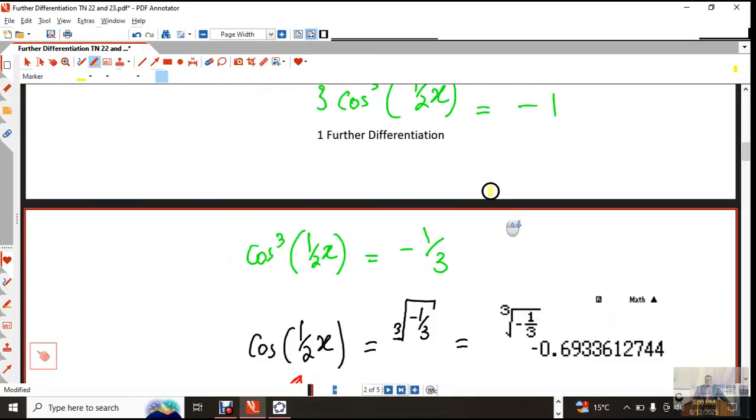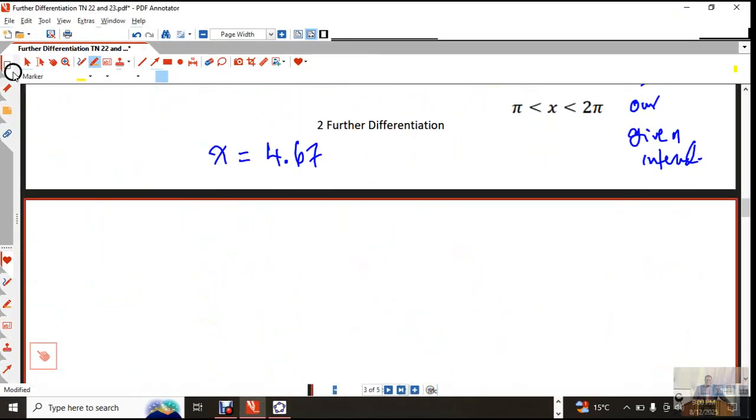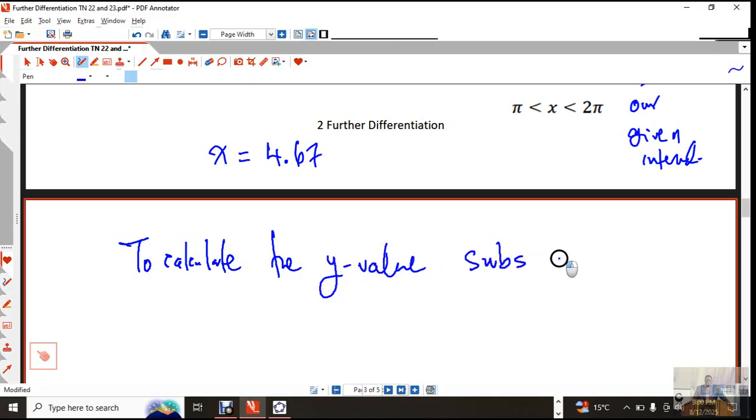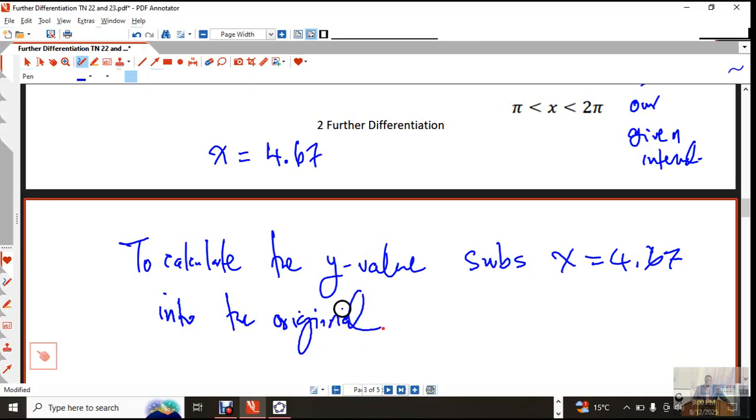So to calculate the y value, substitute x equals 4.67 into the original function.